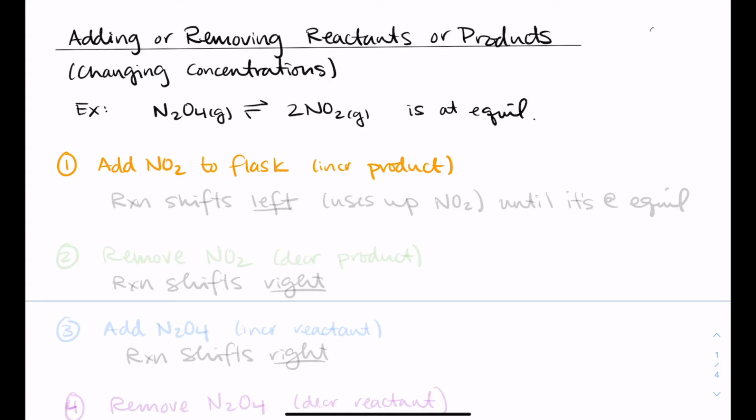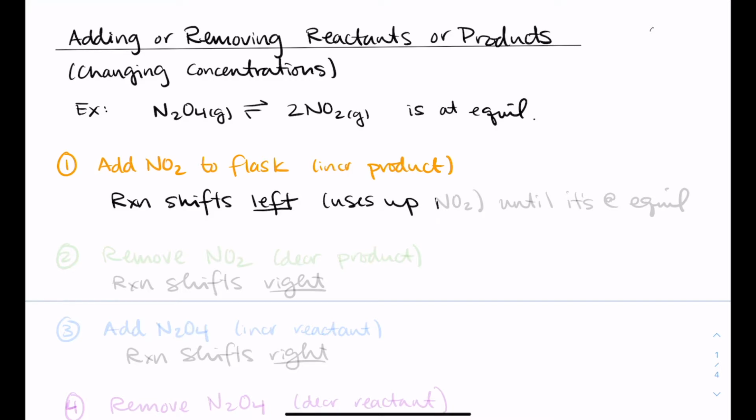So the only way to get the ratio of products over reactants, the numerator over the denominator, to be back to this one constant value, well, if I've increased the numerator, the only way for it to do it is if I increase the denominator. But since it's a chemical reaction, the only way to increase the denominator is by taking from the numerator.